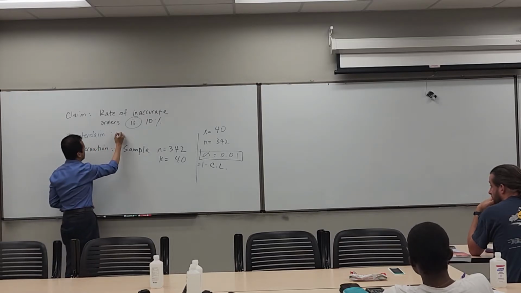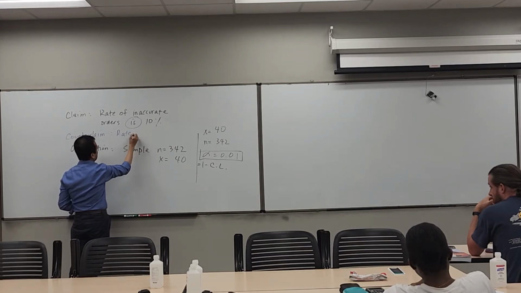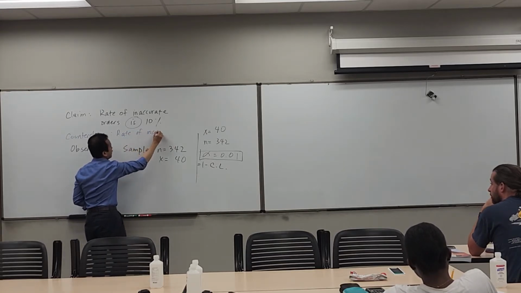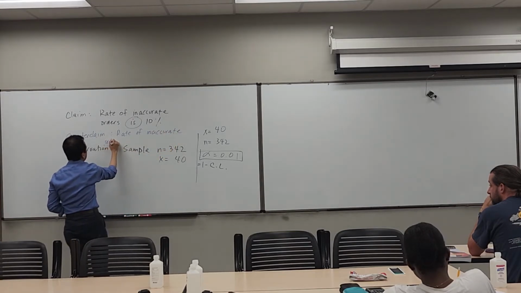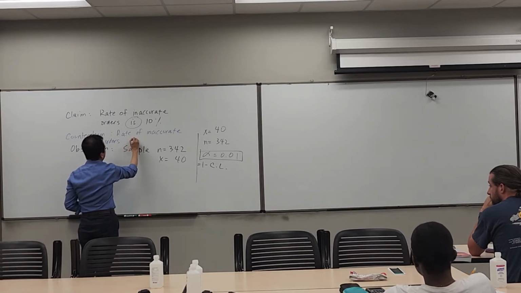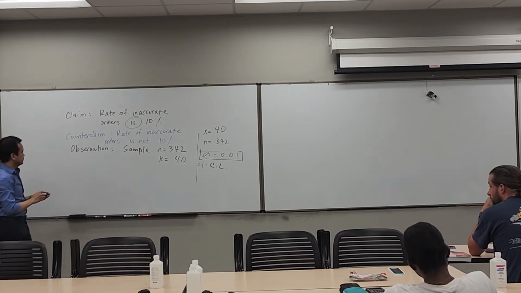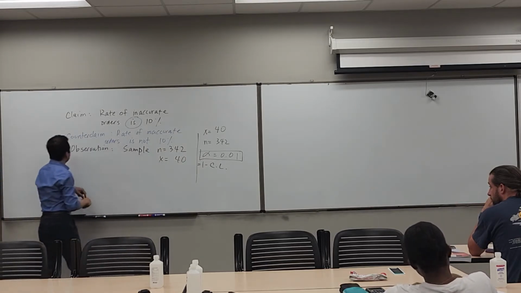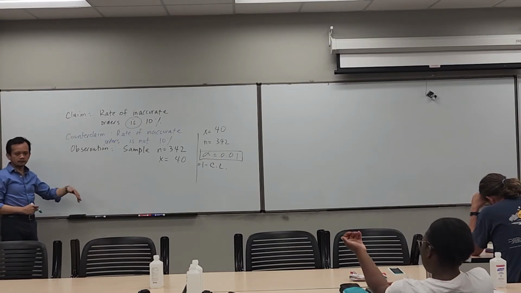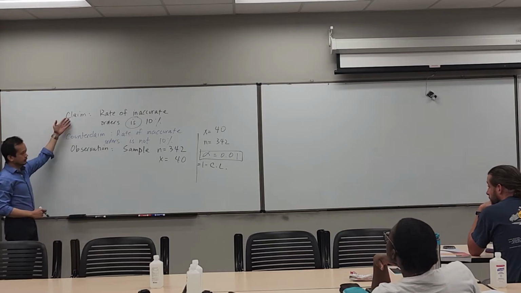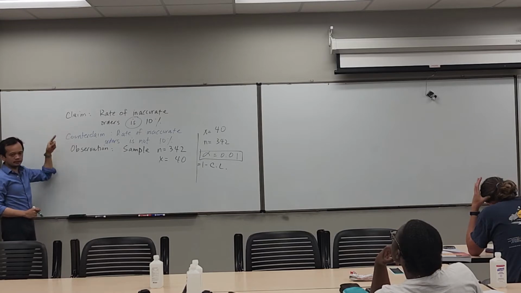So the counterclaim in this case would be the rate of inaccurate orders is not 10%. So then, once we have the claim and the counterclaim, one statement will be the null hypothesis, the other statement will be the alternative hypothesis. We don't necessarily know which is which yet, so the next step is to convert each of these statements into mathematical statements.